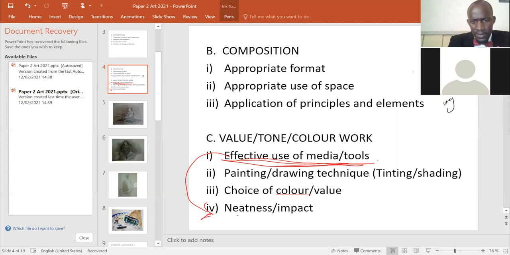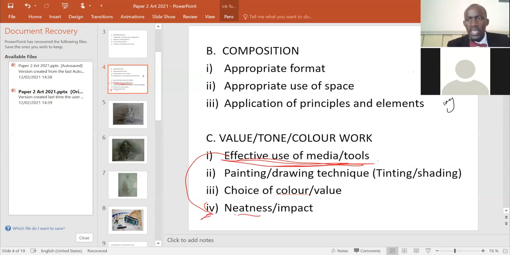The neatness. If you are able to handle the brush and the color appropriately, we expect your work to be neat. We do not expect color to be spilling all over your work. We expect some very neat work.